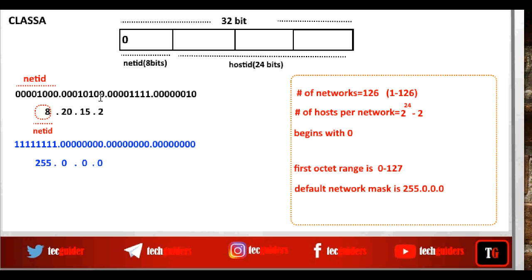So for class A, the default network mask is 255.0.0.0. And finally, the class A network address is the network ID portion in the first octet followed by all zeros in the host ID portion. And the directed broadcast address for a class A network is the network ID portion in the first octet followed by all ones in the host ID portion.